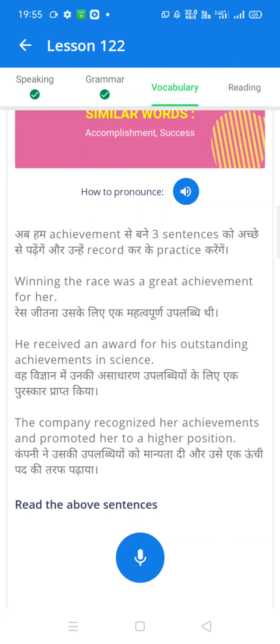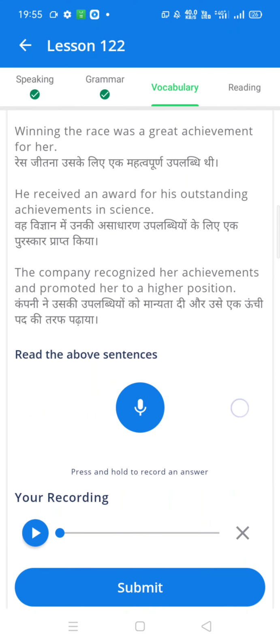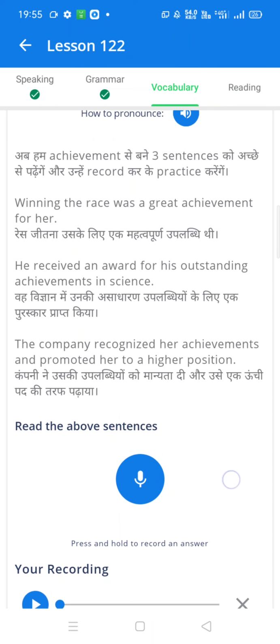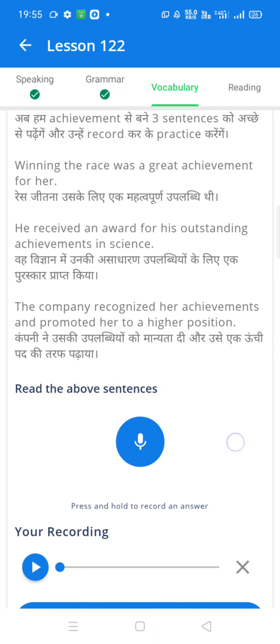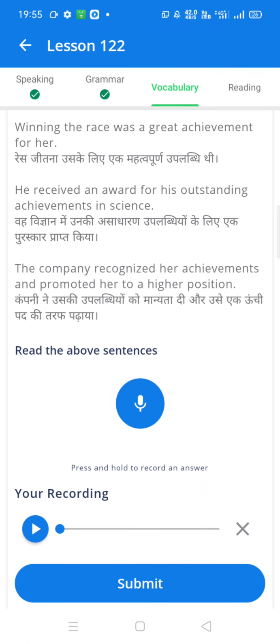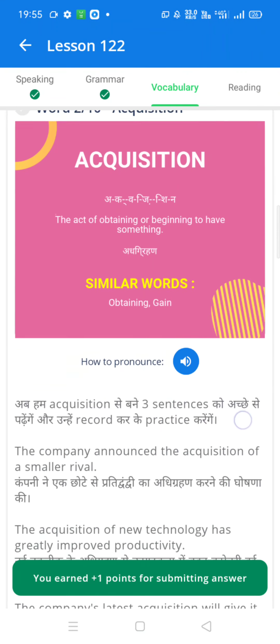Accomplishment. Winning the race was a great achievement for her. He received an award for his outstanding achievements in success. The company recognized her achievements and promoted her to a higher position. Acquisition. Now read it.